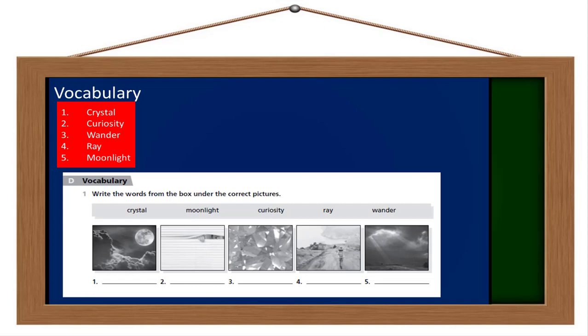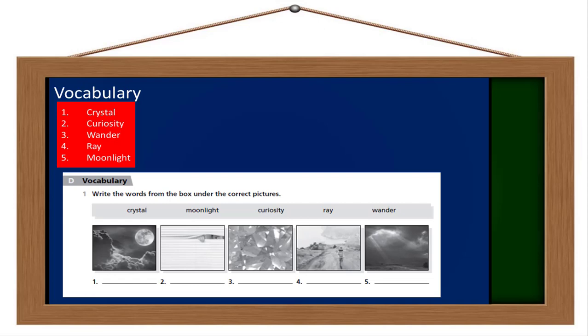Number two, we pay attention, or we try to observe, or we want to know something, we want to really learn to do something. Picture number three is the stone from nature.